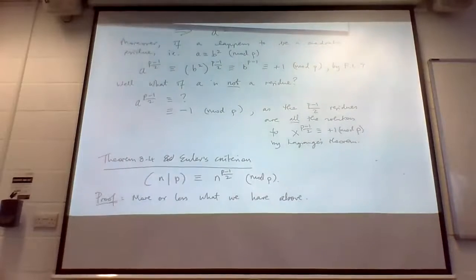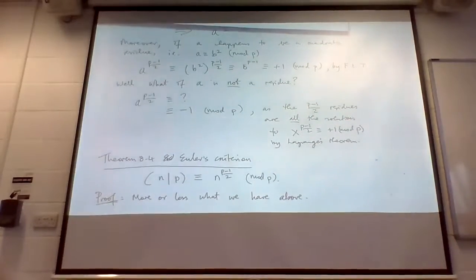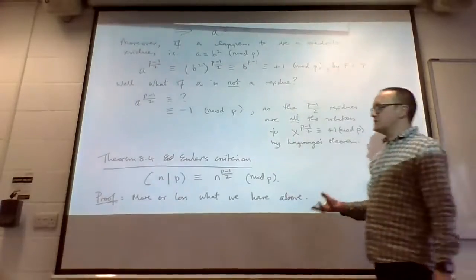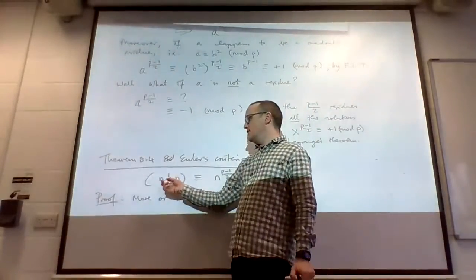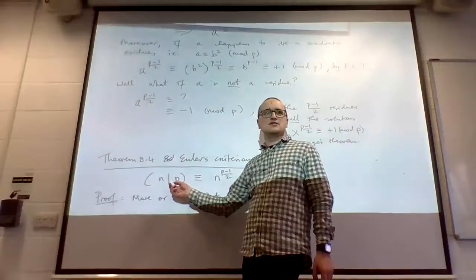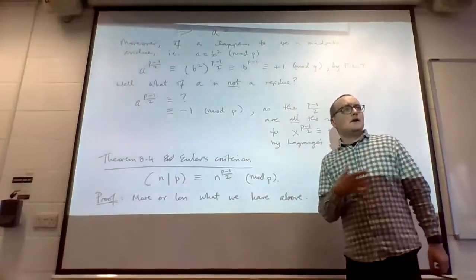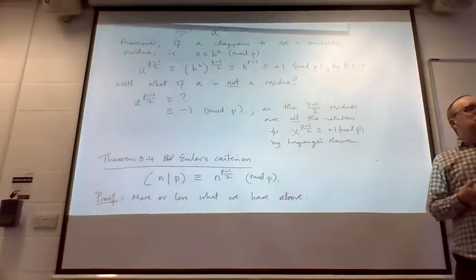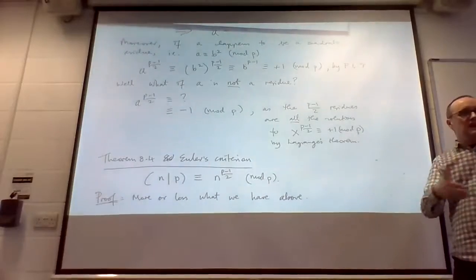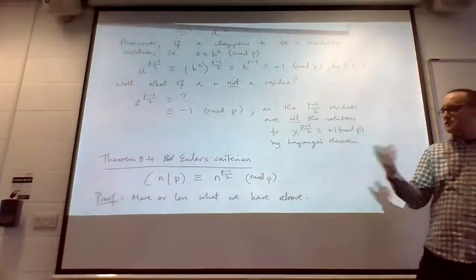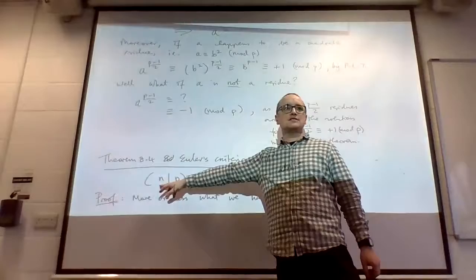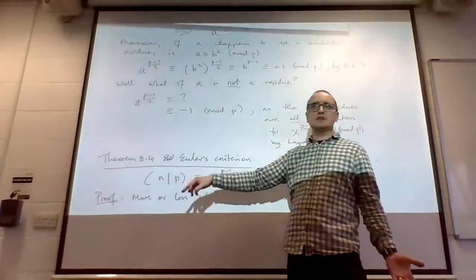So this is a much better situation to be in, right? Previously, we were faced with the question: what is the value of this Legendre symbol (n/p)? We didn't have any sophisticated techniques. We could maybe just dive in and calculate all the quadratic residues and inspect to see if n was amongst them or not. And that would tell you whether this was plus 1 or minus 1.